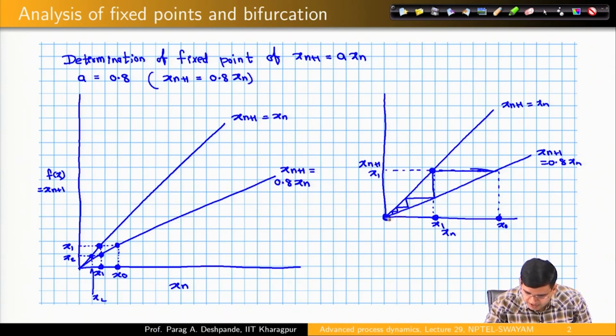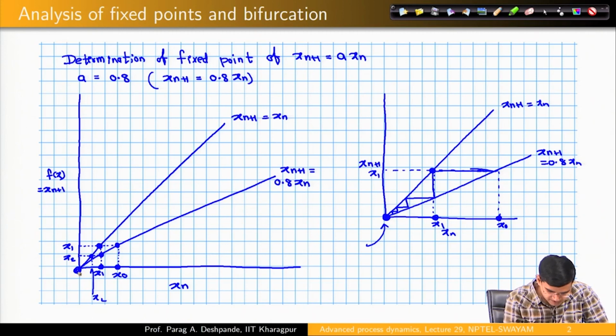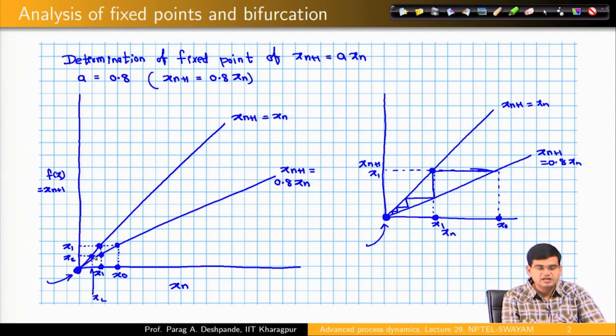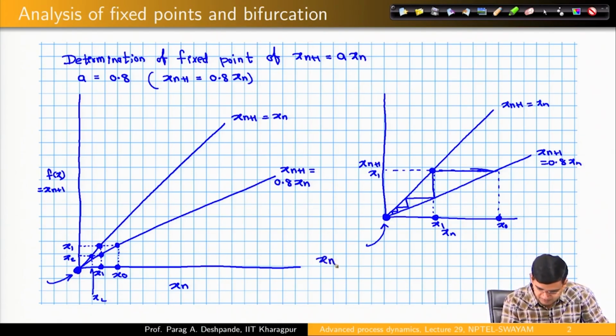But the moment I reach this point here, in this plot, what will happen? I was translating my system following these triangles, right. I start from here, but the moment I reach this point, the two curves intersect, which means that at this point x n plus 1 is equal to x n.